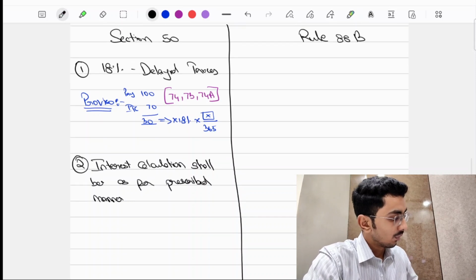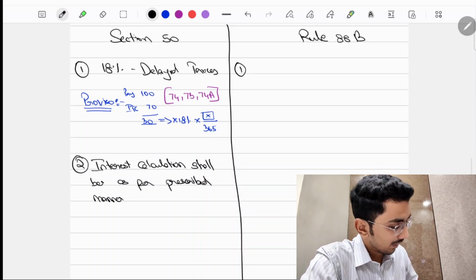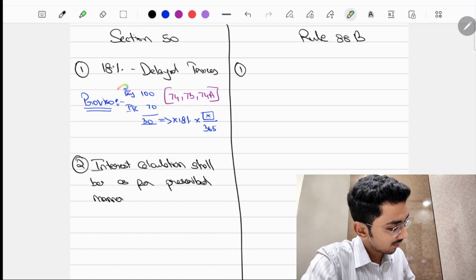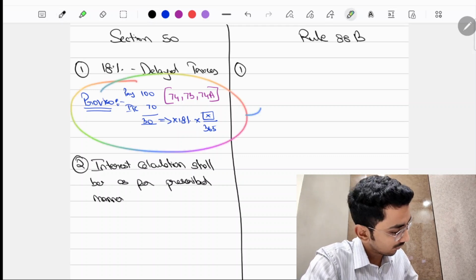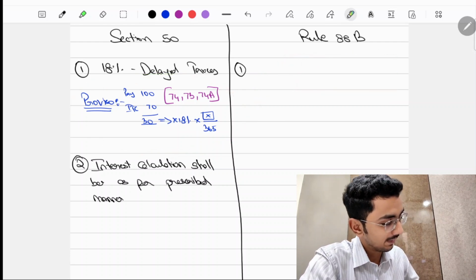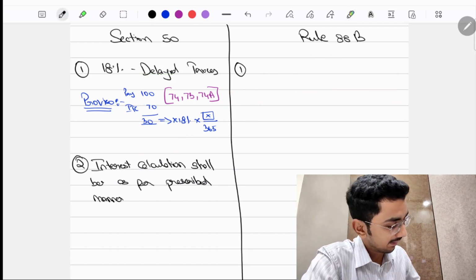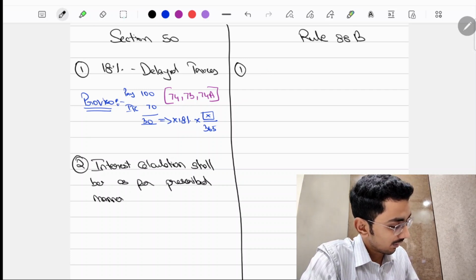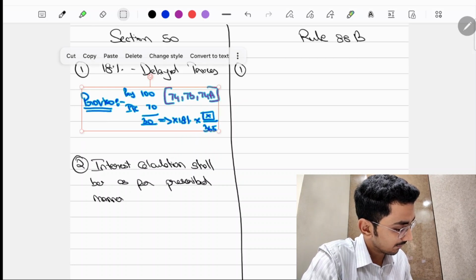Rule 88B sub rule 1 states the same fact as mentioned in the proviso, repeated over here in a slightly different manner. It just says that you have to pay interest on whatever amount you have paid through your electronic cash ledger.